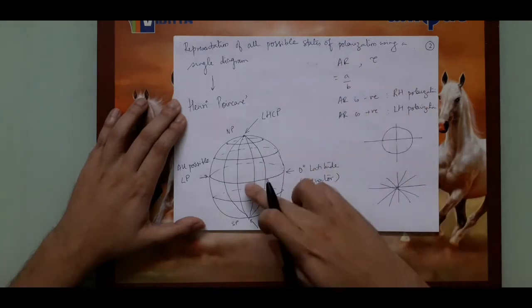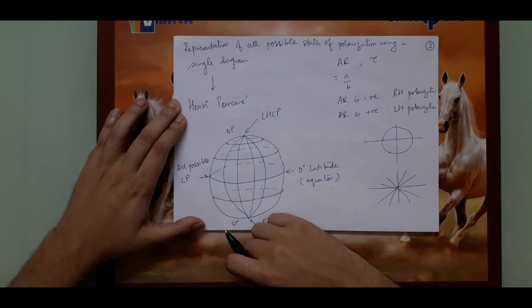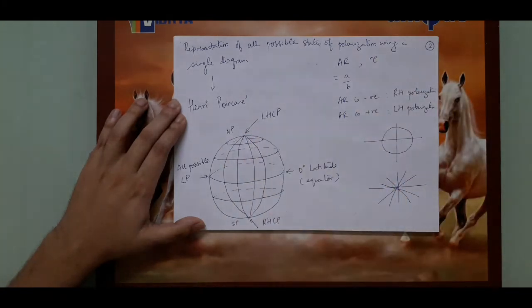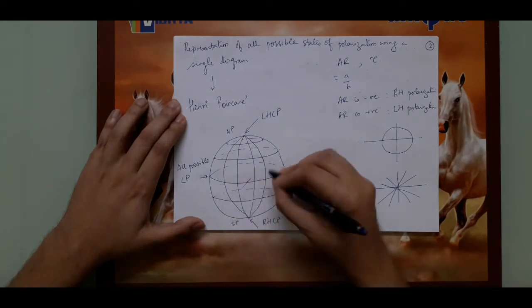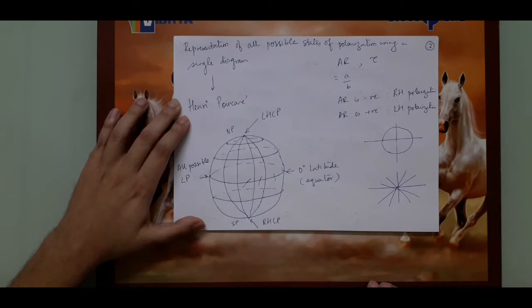So axial ratio tells you how far away you are from the equator, and the tilt angle essentially corresponds to the longitude. So somewhere it will be like this, somewhere it will be like this, like this, like this. So different states of linear polarization.